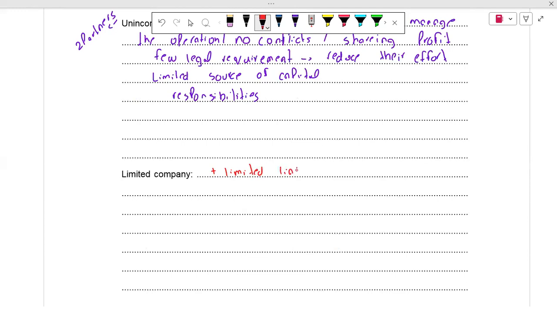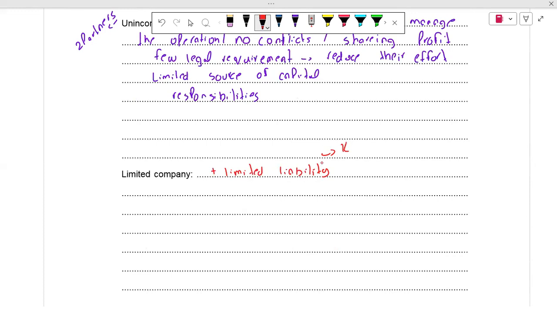When you are writing the limited liability point, that is your knowledge. And when you are writing information from the case, that will be your application.